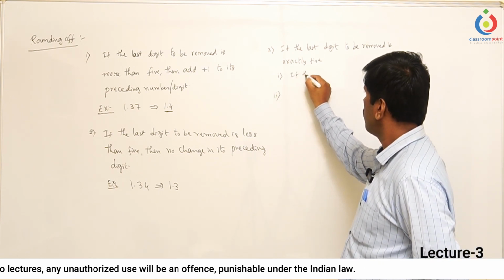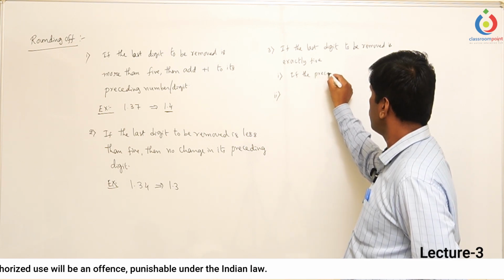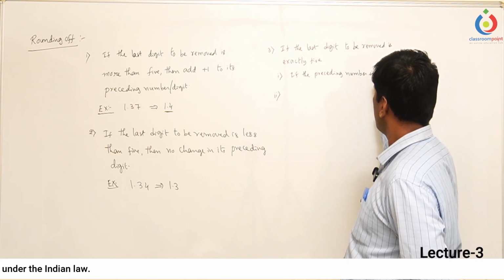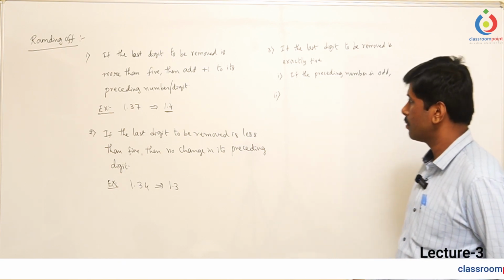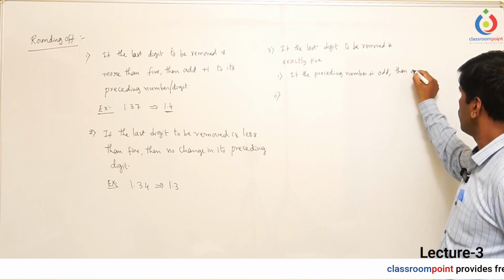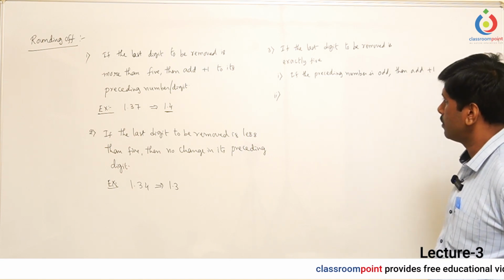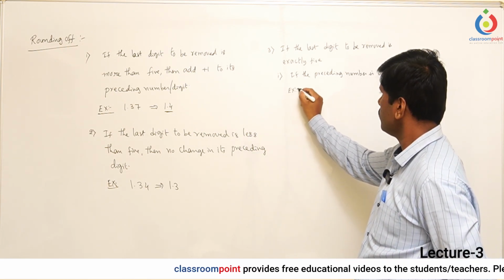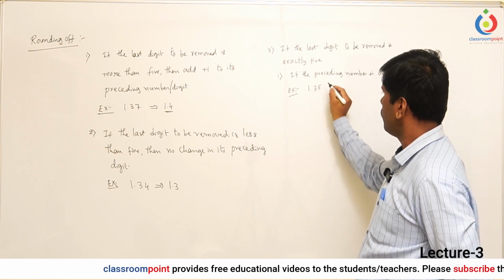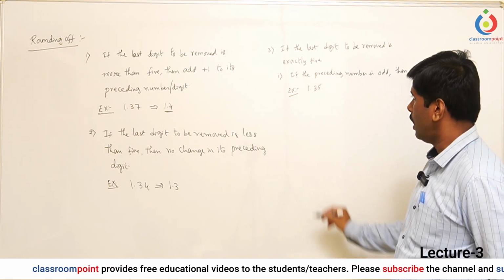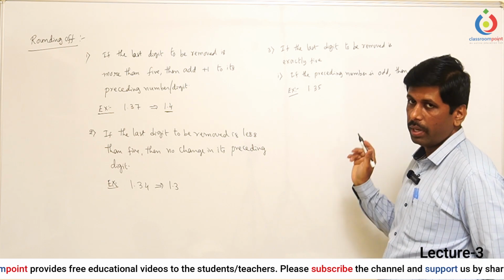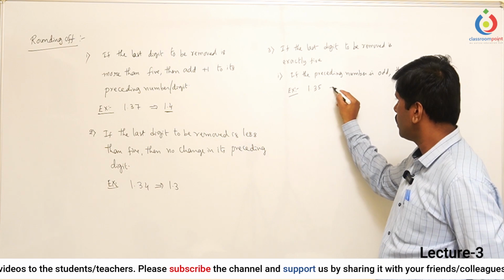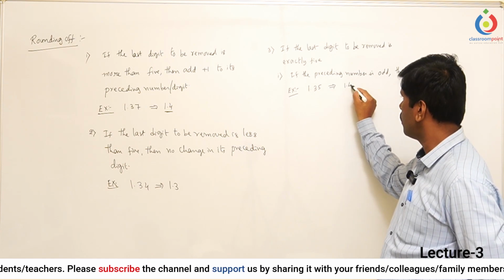If the preceding number is odd, then add +1. Let us take an example here. 1.35 is there. I want to remove the last digit. That is exactly 5, but its previous number is an odd number. So in such cases add +1. So it is 1.4.